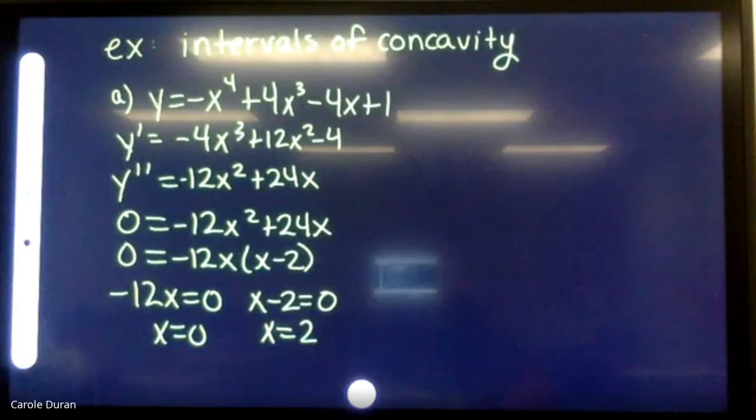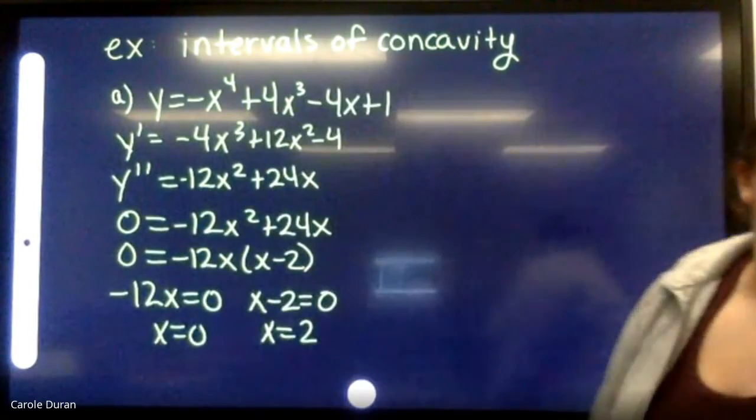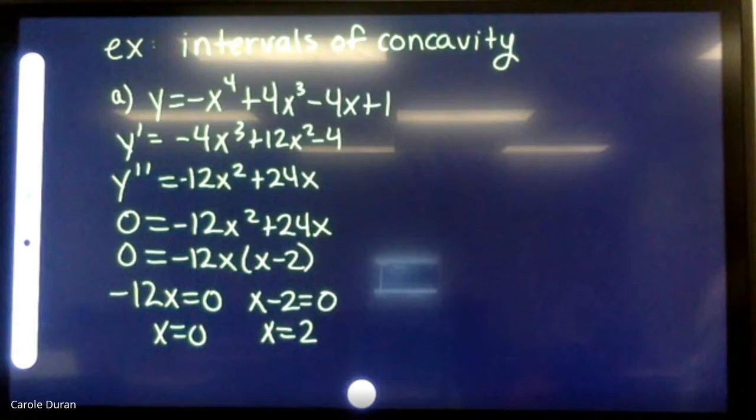Okay, we don't just blindly accept that those have to be inflection points. We still have to test them because sometimes it won't be. Sometimes I can have the same concavity on both sides. That does happen. So in order to test it, what do you think I'm going to draw or write? A number line. Easiest way to do this.